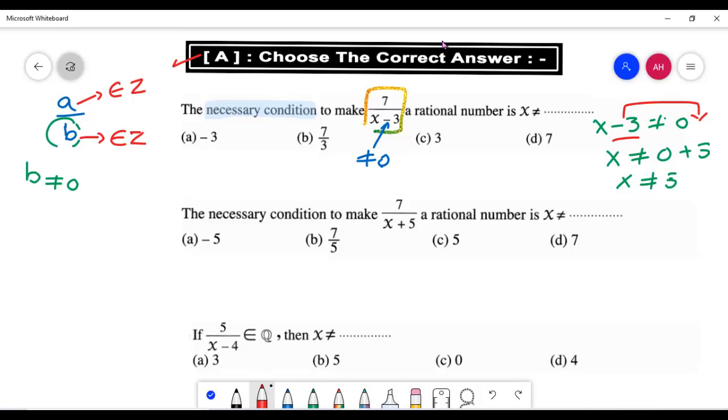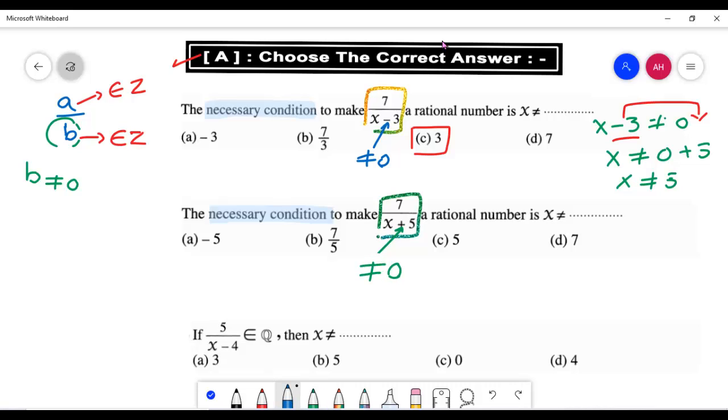So x is not equal to 3. The correct answer here is number C. x is not equal to 3. Let's go now for the second one. The necessary condition to make 7 over x plus 5 a rational number is x not equal to. Again, I was given the number already in fraction form, and the necessary condition to have a fraction a rational number is that my denominator should not be equal to 0.